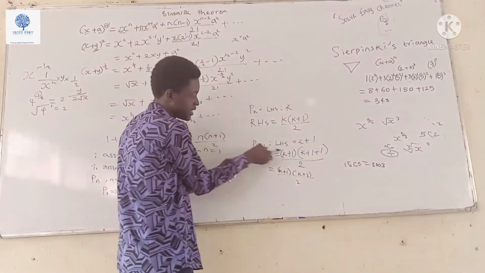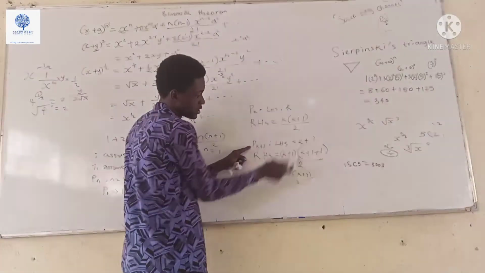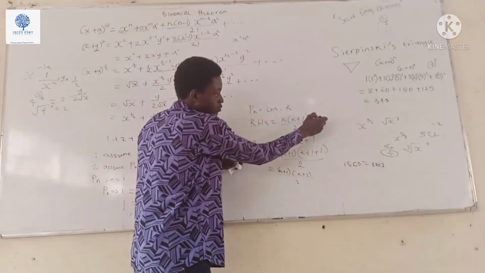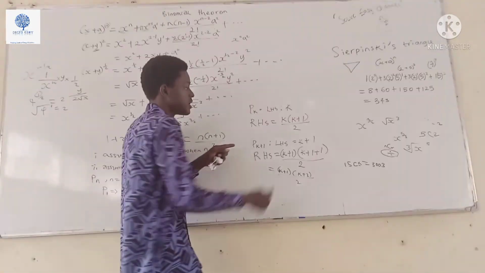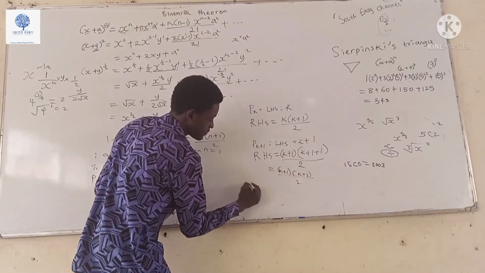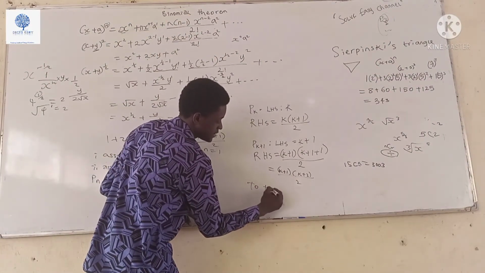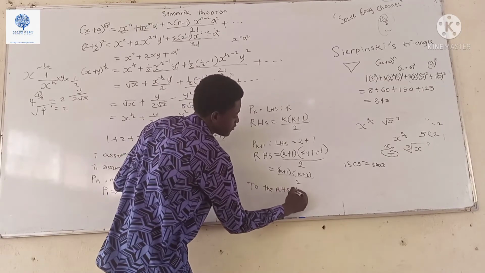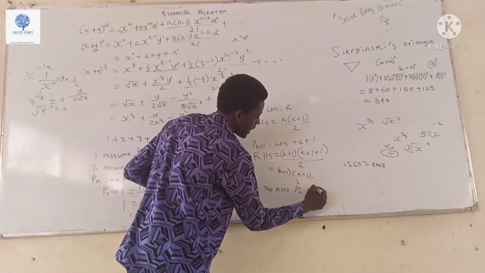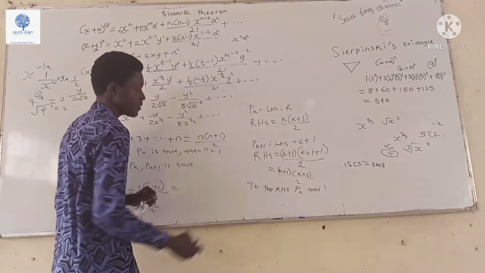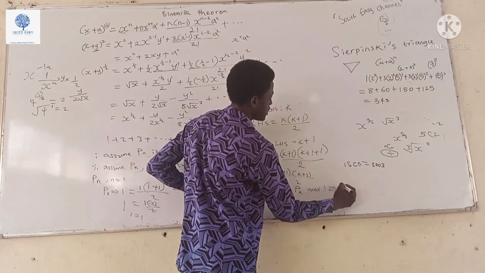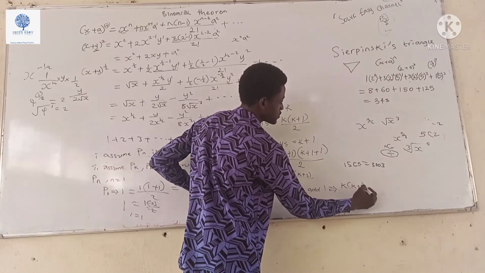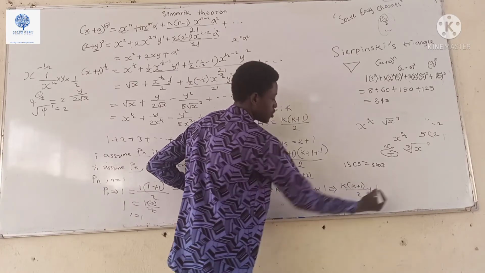But let us see whether if we add 1 to this side again, we can end on this kind of stuff. Now you add 1 to the right hand side of P of k. We have, this implies k into k plus 1 over 2 plus 1.